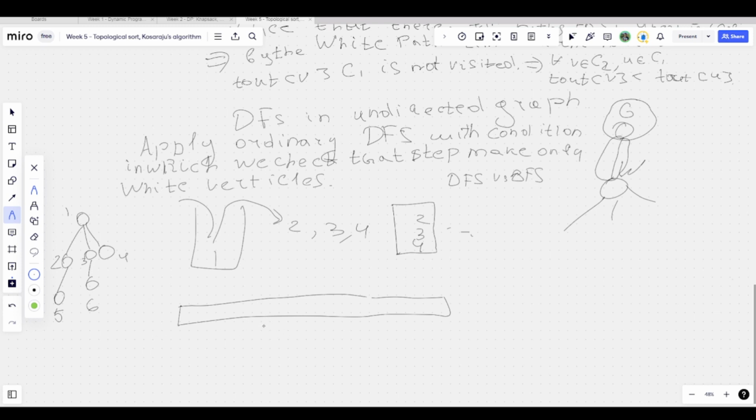In the first implementation, instead of a stack, we use a queue.